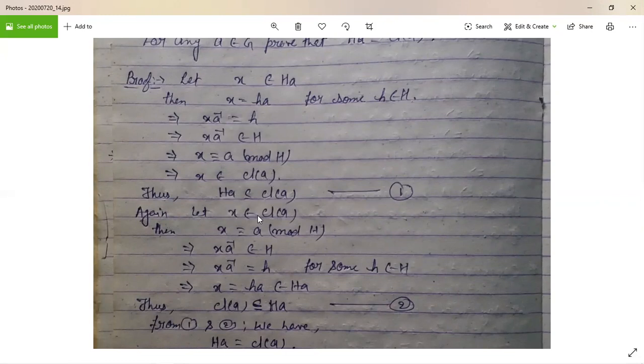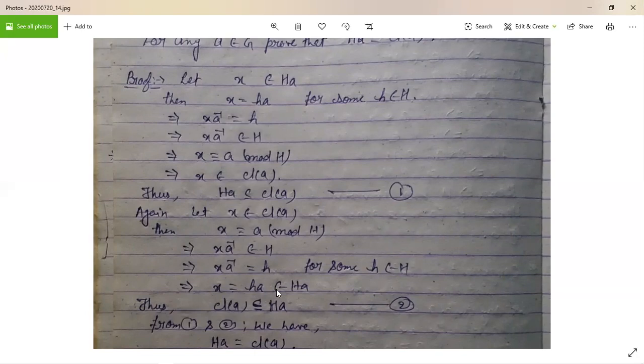Again, let X belong to class of A, that is, reversing this process. Then X is congruent to A modulo H by the definition of class of A. This implies that X A inverse belongs to capital H. This implies that X A inverse equals small h for some h belonging to H. This implies that X equals hA, which belongs to capital HA.